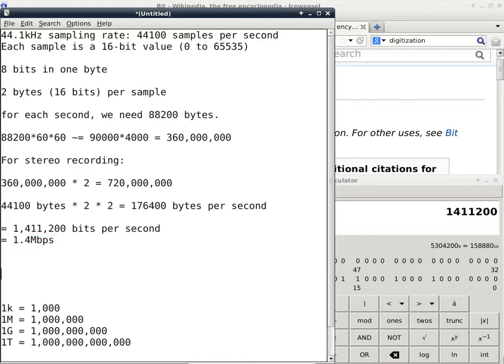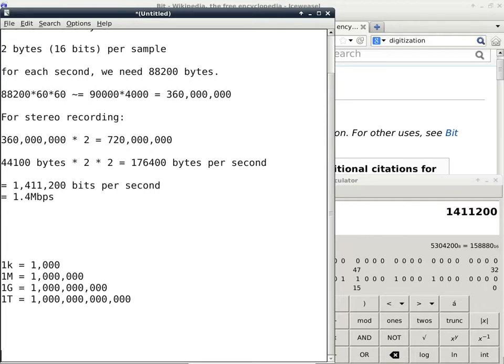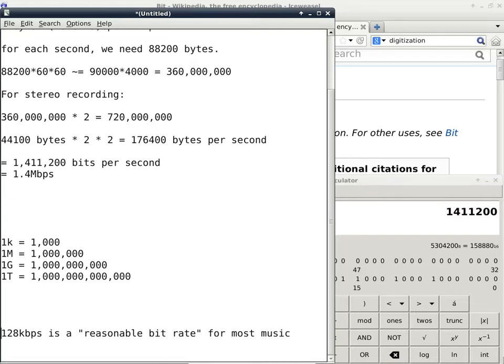Well, okay, most people. Let me just break this up a little bit here. 128 kilobits per second is a quote unquote reasonable bit rate for most music purposes.